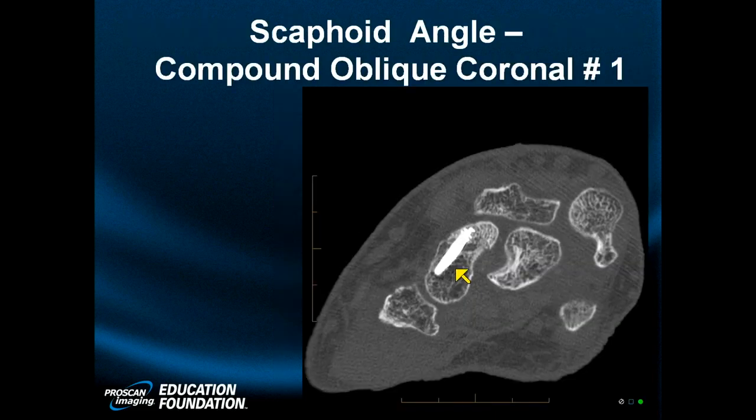And then finally, we're finished. The last oblique. Now, I don't know what to call this. A compound, paraaxial, parasagittal, paracoronal. But that's how you get there. This is what they want in the final analysis.